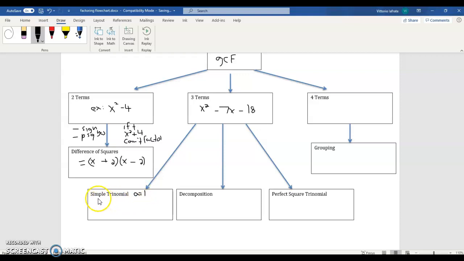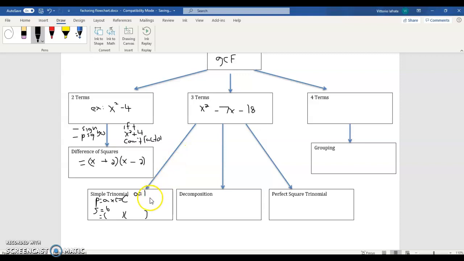And in that case, what you're going to do is you're simply going to find your product. That's going to be a times c, which is just the last one. So in reality, 1 times c, which is just c. And a sum, which is equal to b. So in our scenario up here, we want to find two numbers that when you multiply them, they give you c, and when you add them together, they give you b.